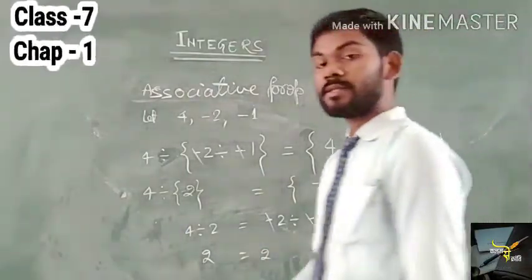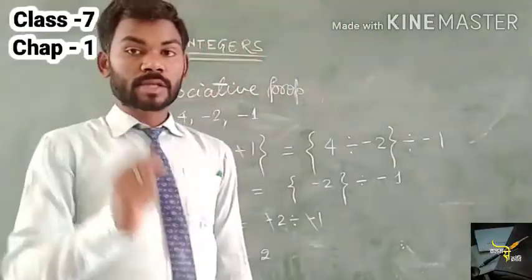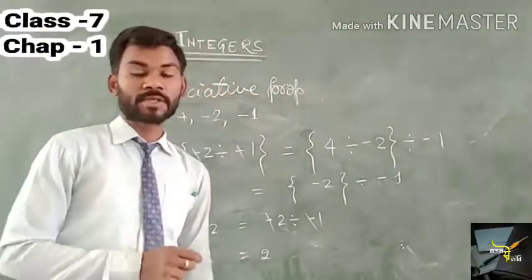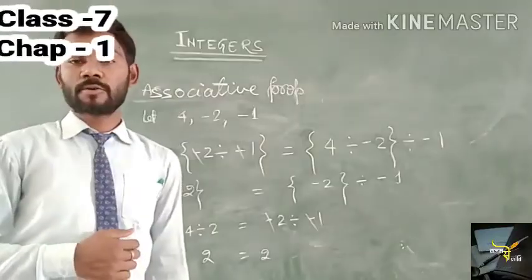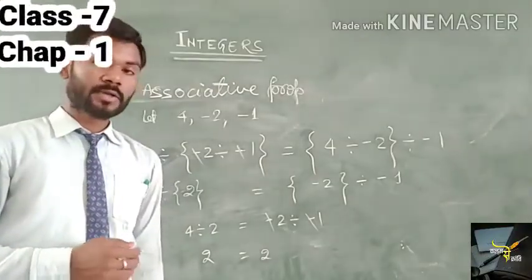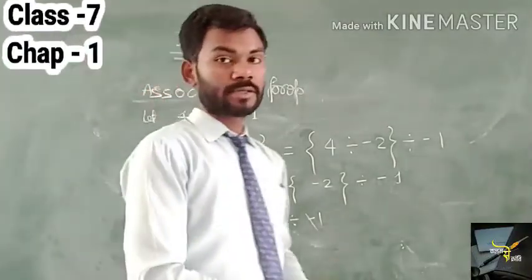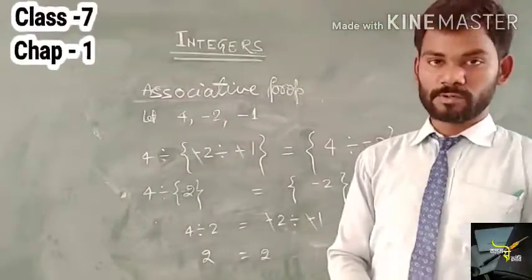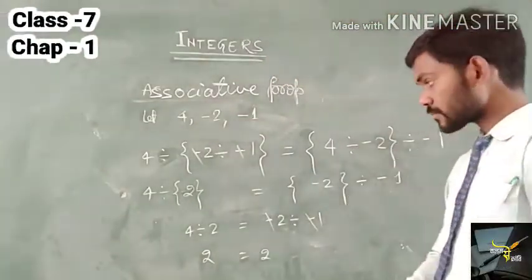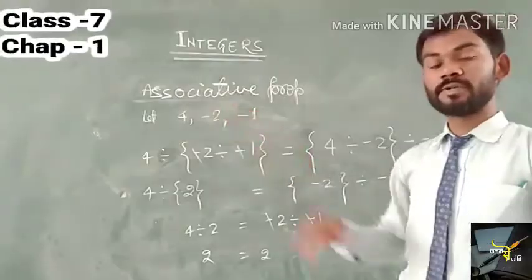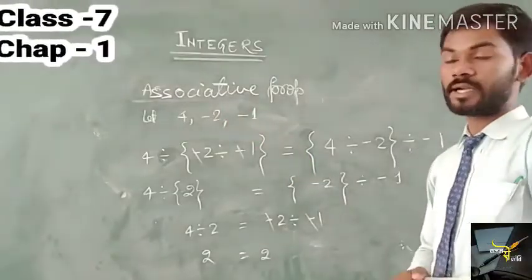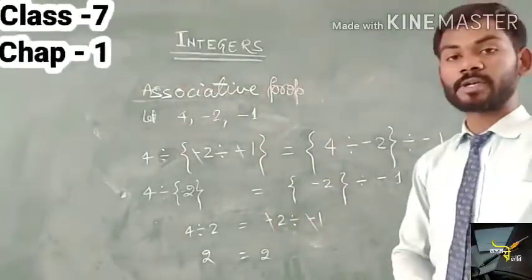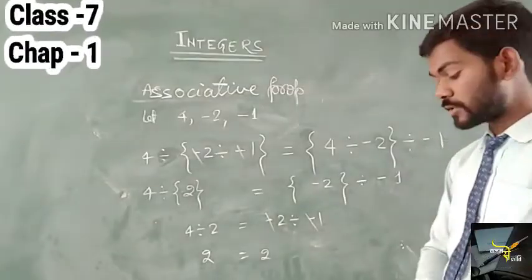In a few cases, the operation of division satisfies the associative property, but in most cases it does not hold. Okay, if we change these numbers, then we can easily see that the associative property cannot hold good.